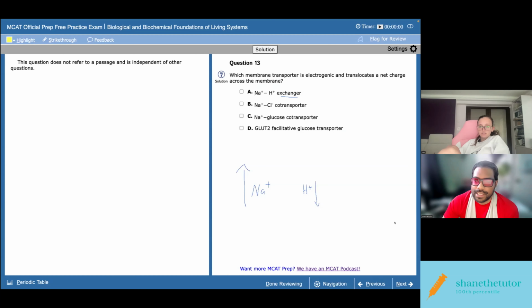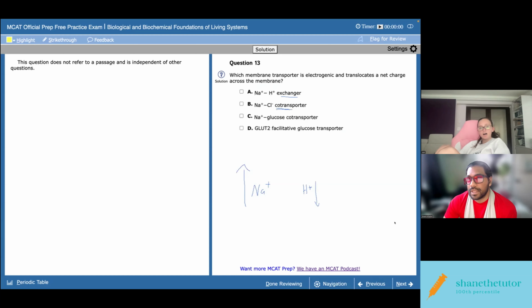Co-transporter. What is that? How is that different from exchanger? Is it not a direct system, like there's something else there that's allowing this transport? Or no, it's transporting both of them. But how is that different from exchanger?